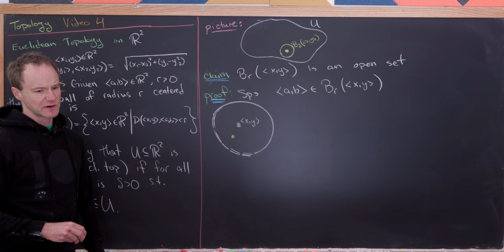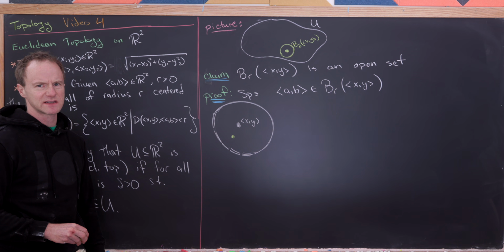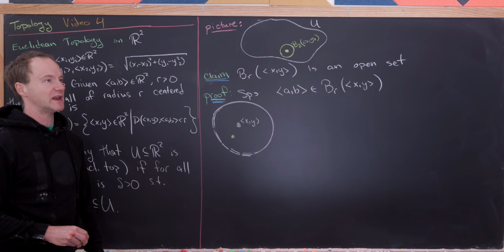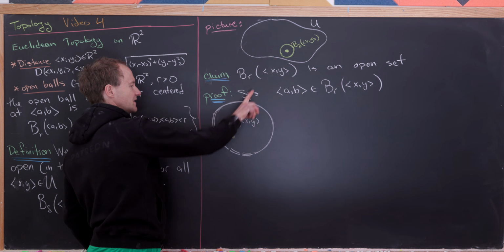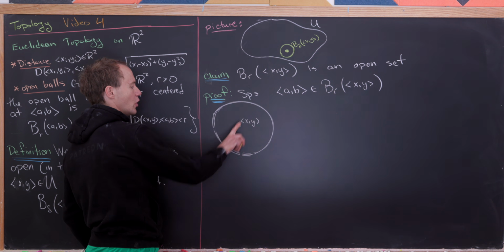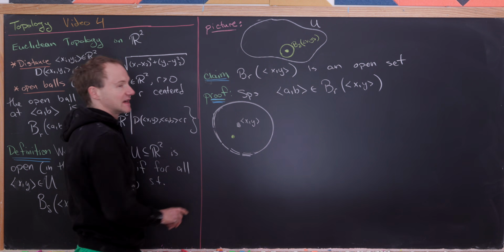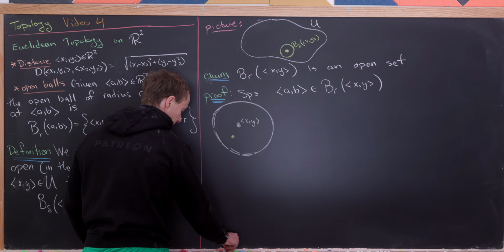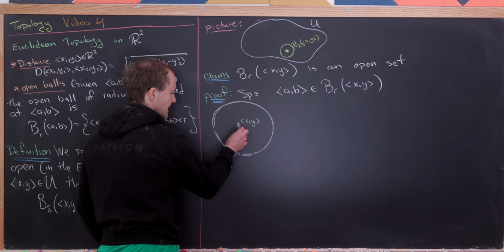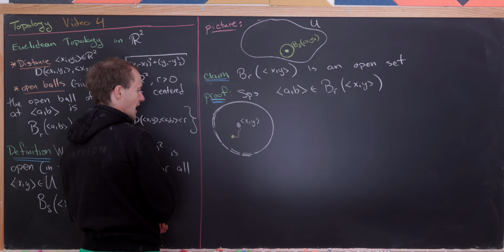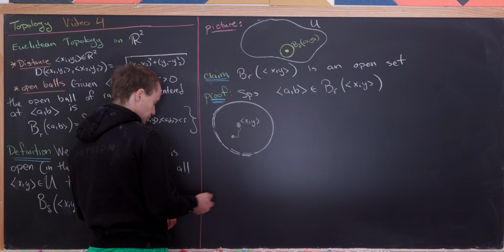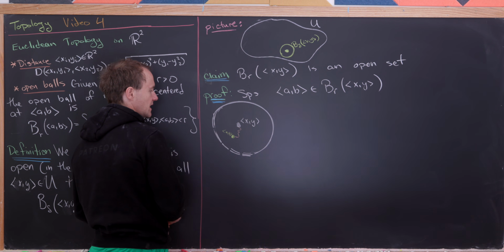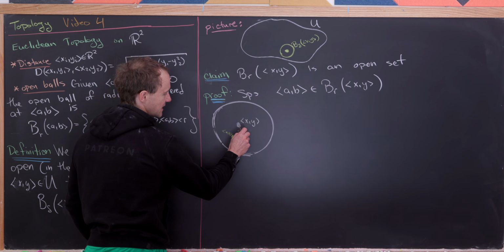Now let's observe that we've got something fairly similar to what we had in the case of the open interval. You can in fact think about this as just happening inside of an open interval on the line connecting those 2 points if you want. Let's take a measurement first. Let's say that the distance from our point ⟨x, y⟩ to our point ⟨a, b⟩ is exactly d.